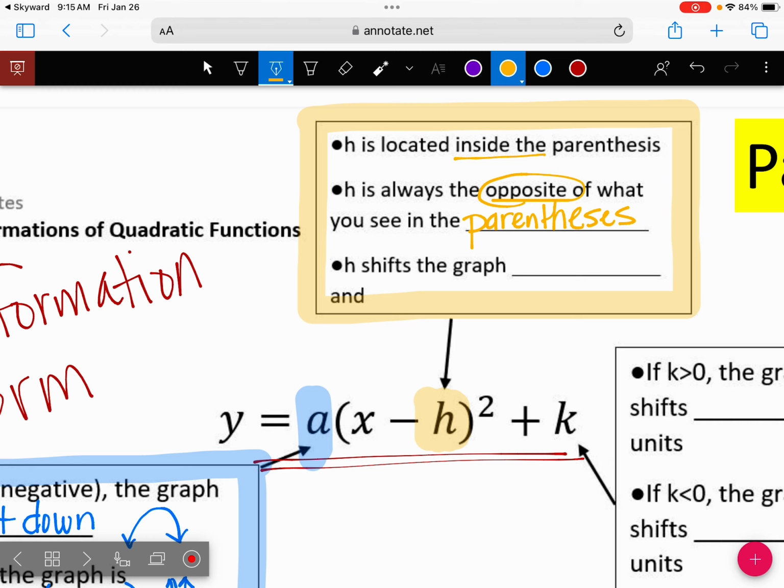So you can find that H value on the inside. It's opposite of what you see. And what that makes the parabola do is go left and right. Now, in Integrated 1, did you talk about A, H, and K? Does that sound familiar? No? Okay, so H moves it left and right.